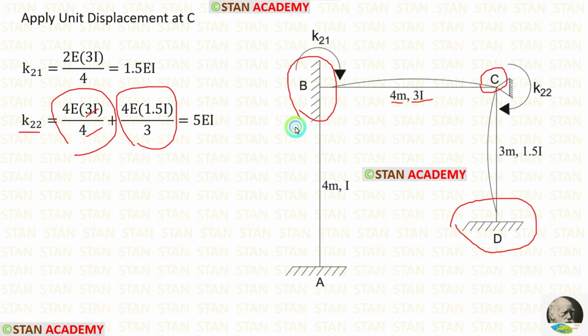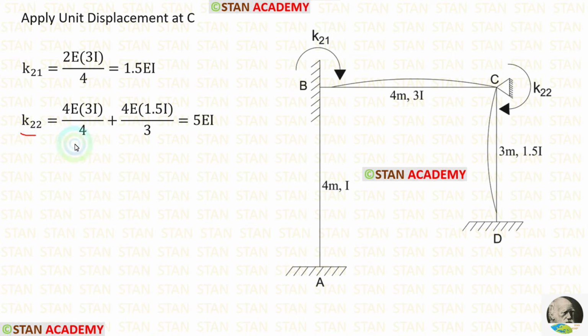Let us apply them. Length of CD is 3 and the moment of inertia is 1.5I. Let us apply them. For K22, we have to add these two values. After adding, we are getting 5EI.